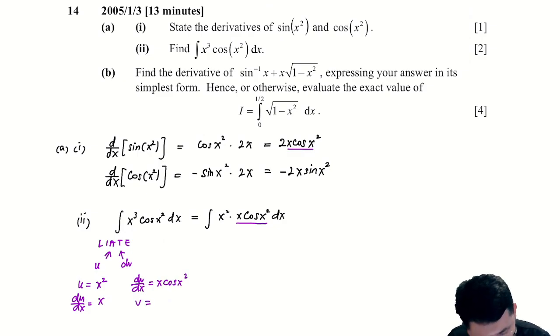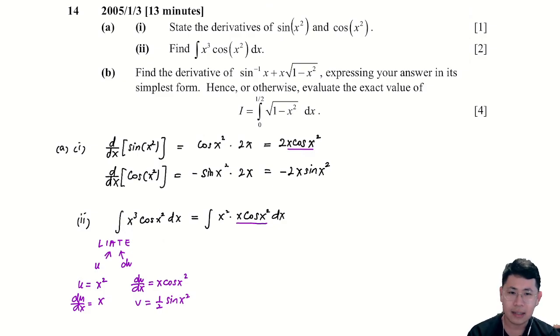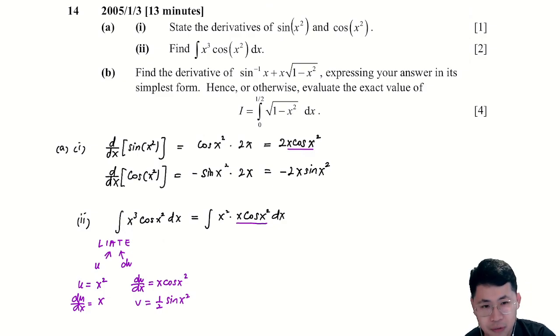So when we integrate back, because we have a 2, we have to divide by 2, so half of sine x squared, like that. Do you see that? This is something that we need to be careful about. So if you're stuck, think again, think deeper. What did we do earlier in part 1? How can we use the results in part 1 to help with part 2? This one is really your critical thinking skills and your observation skills.